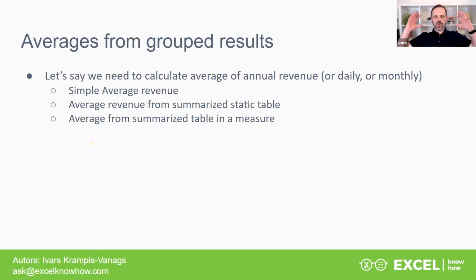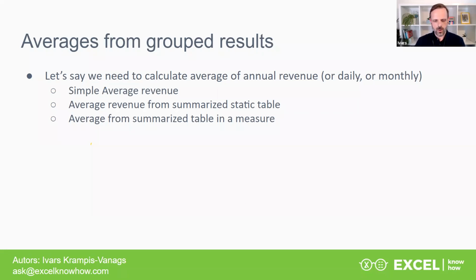Let's say we need to calculate the average of annual, daily or monthly revenue. What we know how to do is a simple average, but the simple average doesn't give us an average of a year or an average of a day. It gives just an average of all transactions.